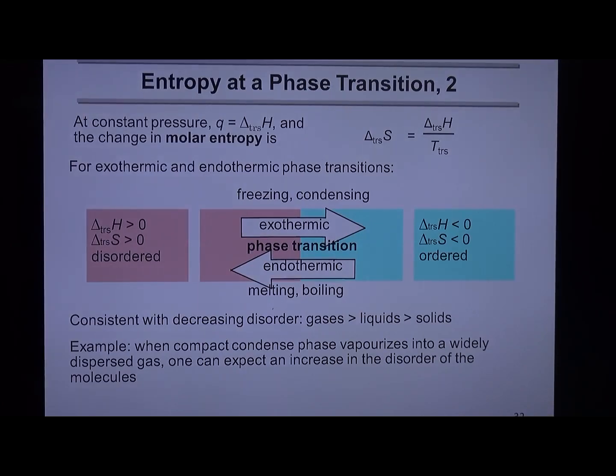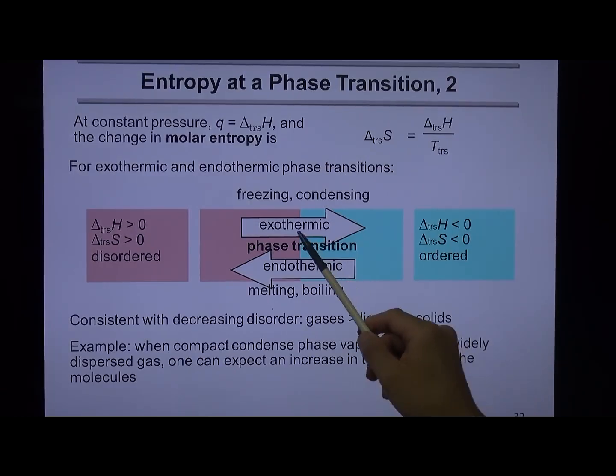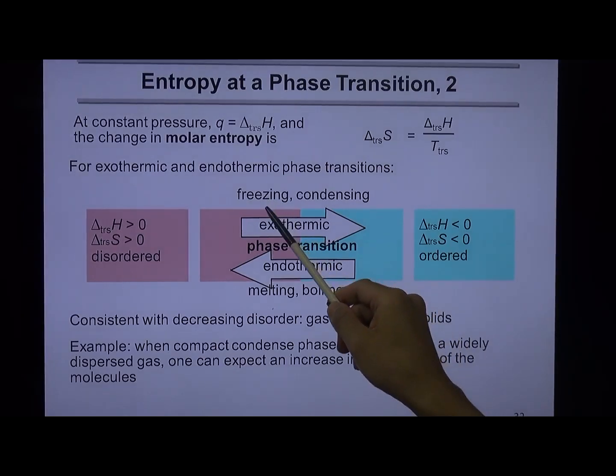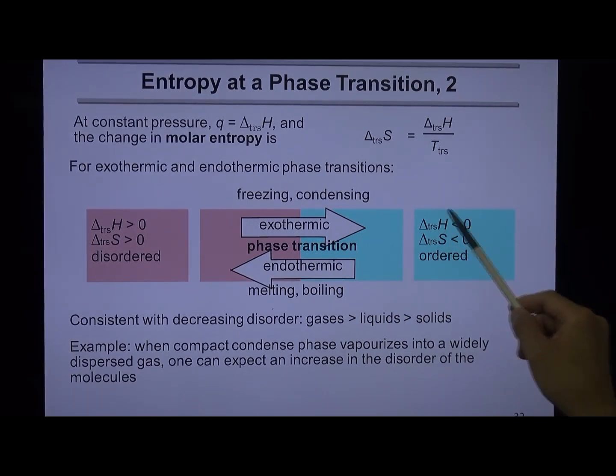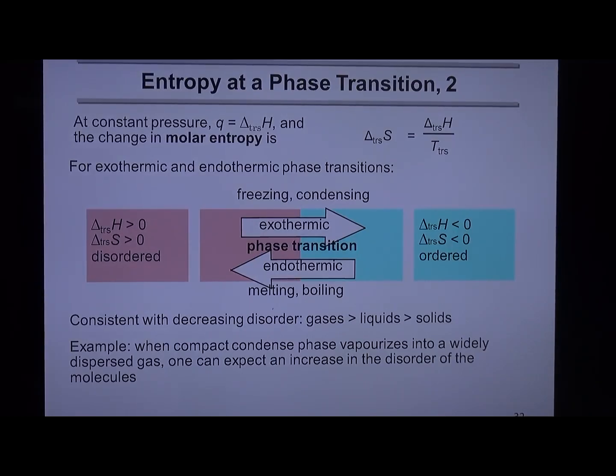That's obvious, right? Because the disorder increases. On the other hand, for exothermic process, such as freezing and condensing, Q is negative, delta H is negative, so delta S is also negative. Entropy decreases when exothermic phase transition occurs.